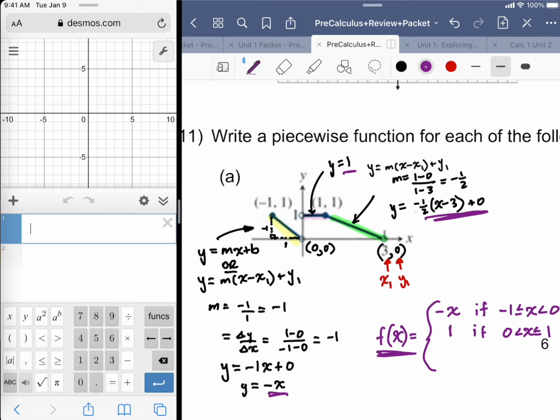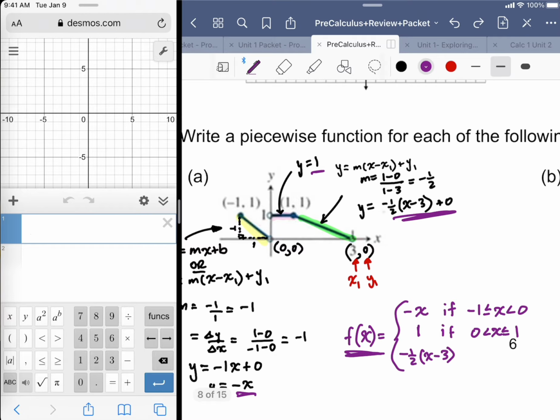Then the last piece, distribute it out if you want, but it's not necessary, negative 1/2 x minus 3. That's going from the x value of 1 to the x value of 3. It's a closed circle on the left, so 1 less than or equal to x less than, open circle on the right, 3.